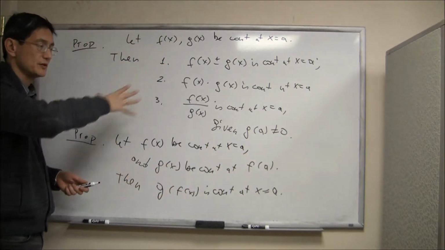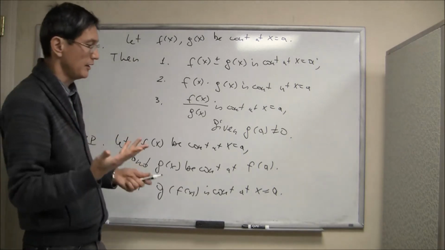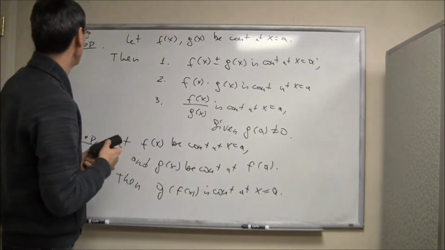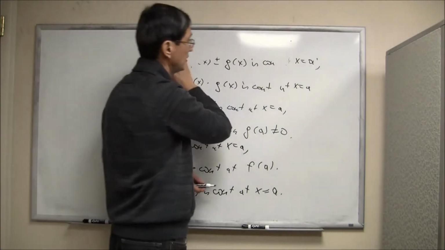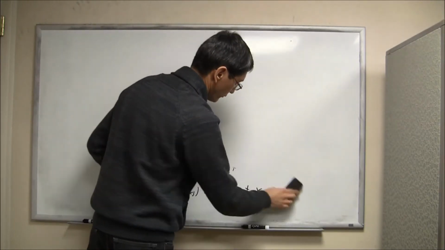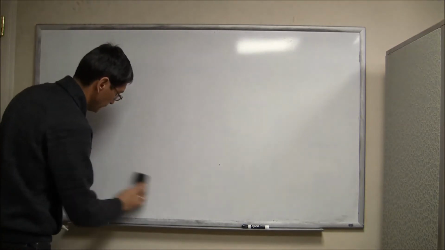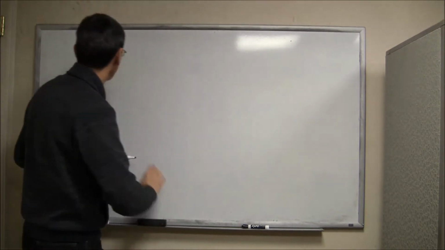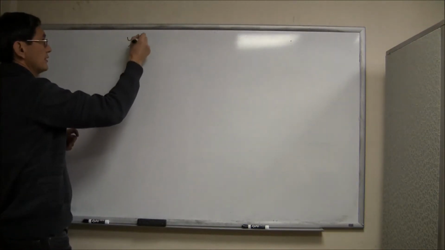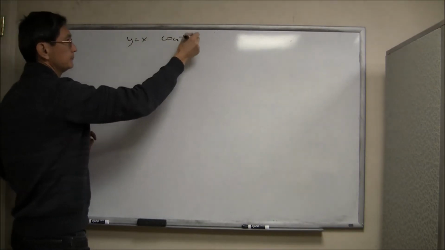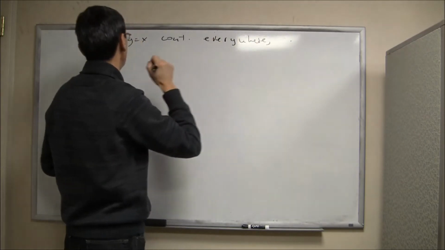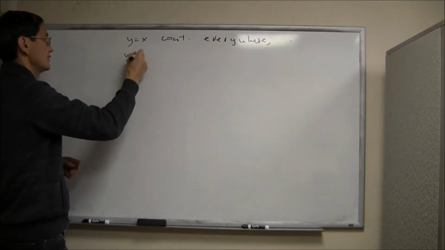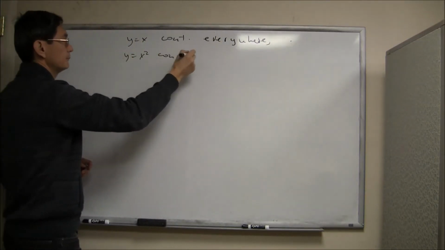So those are two statements, and that's how we generate continuous functions from our basic ones. And basic functions are continuous. So which are our basic functions? Y equals x, continuous everywhere. Y equals x squared, continuous everywhere.